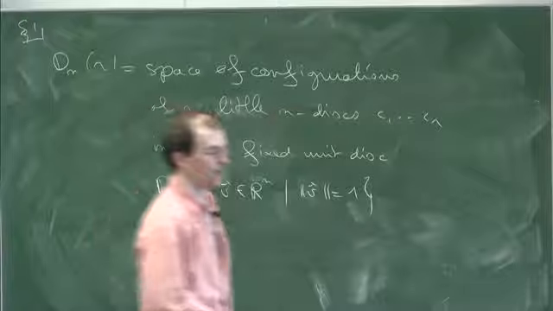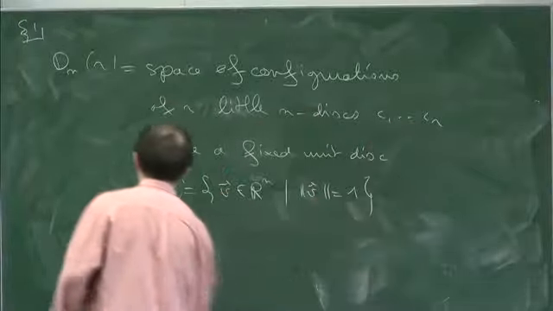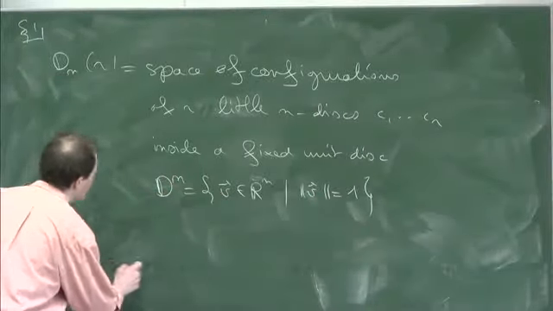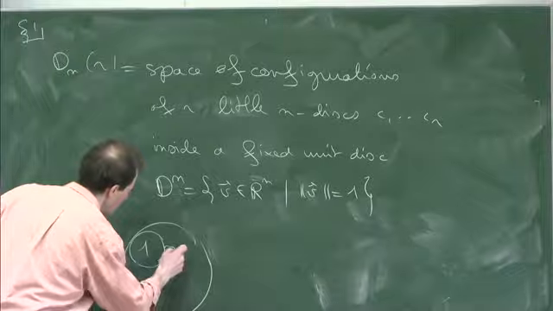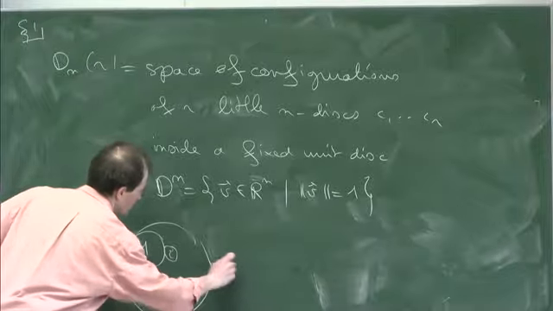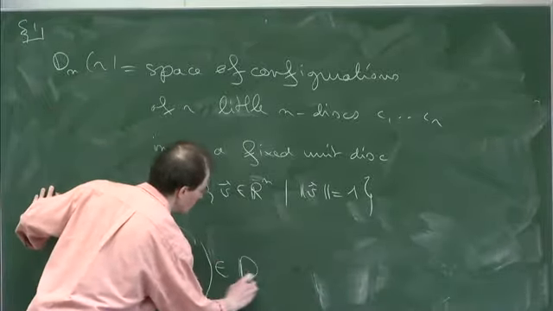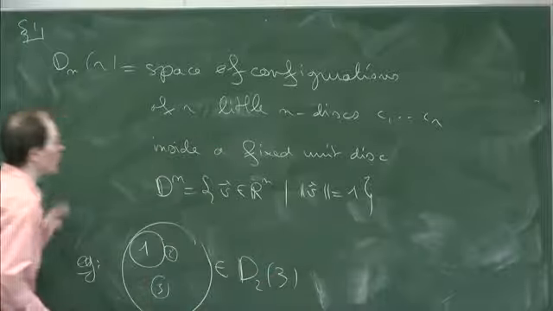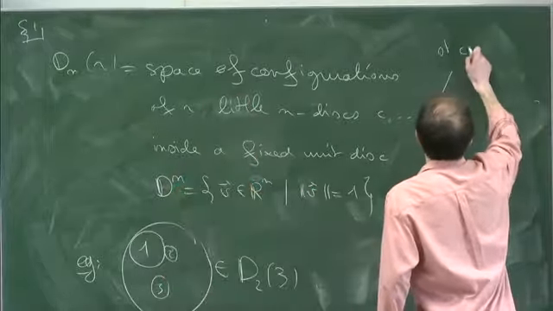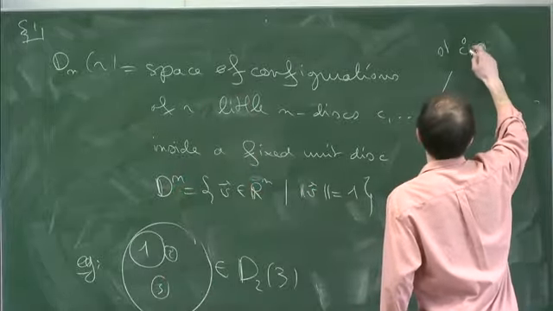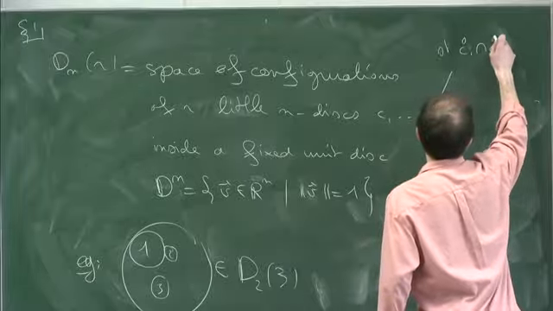Configurations means, for instance, that this is a picture of an element in D2,3. Configuration means that these disks have disjoint interiors.